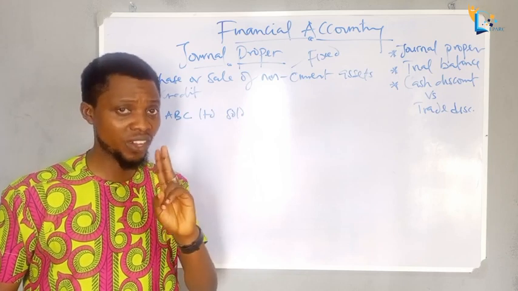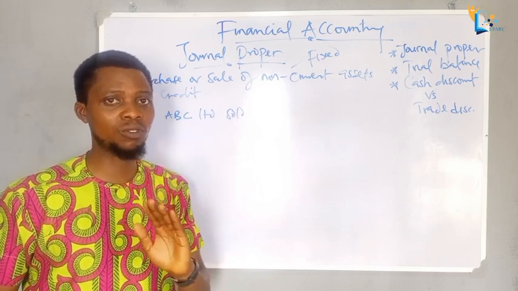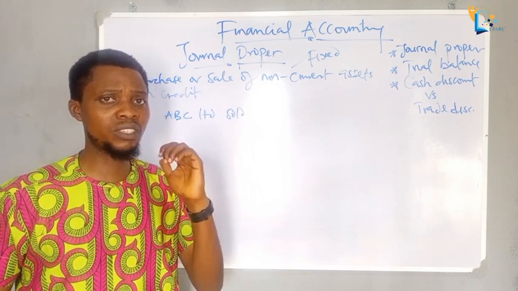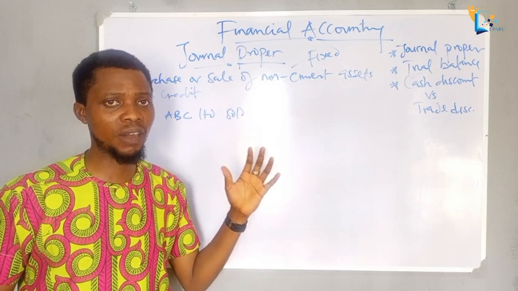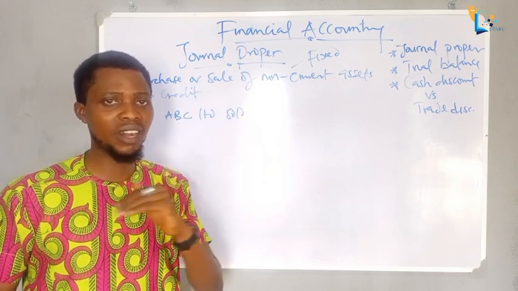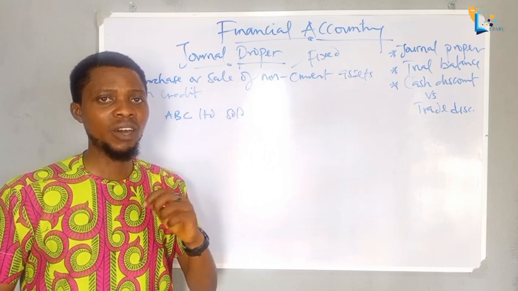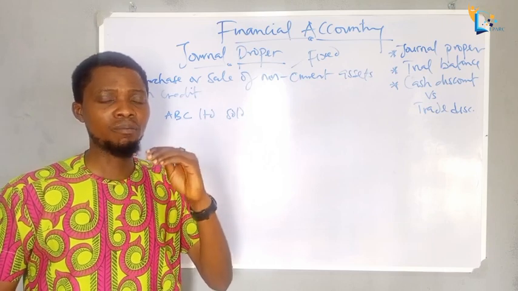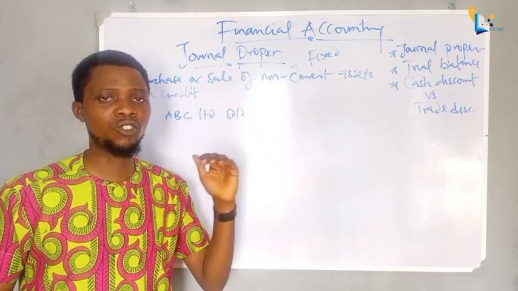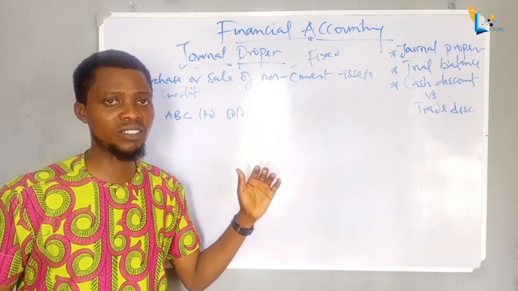Remember the first video we did when we were trying to introduce financial accounting, we divided accounts into several categories. Go back to that video, go through it, and you'll see where we subdivided accounts into various categories.